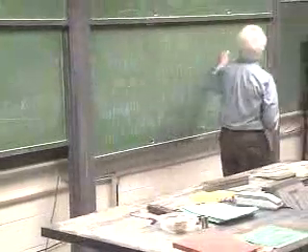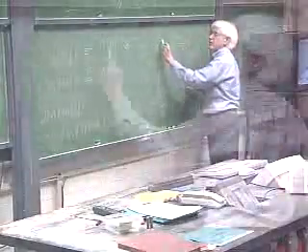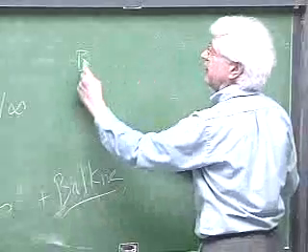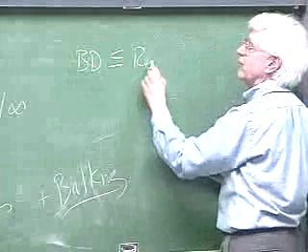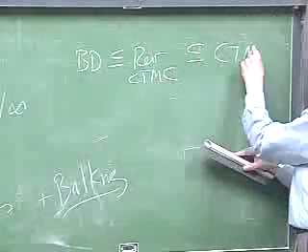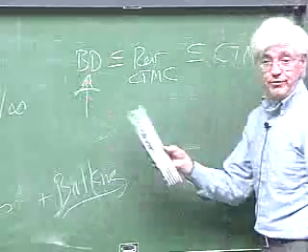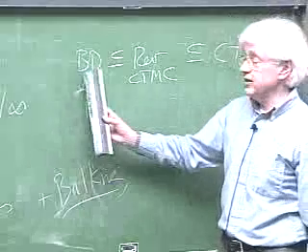So birth-death is a special case of reversible continuous time Markov chain, which is a special case of continuous time Markov chain. This model is the centerpiece, the simple model.